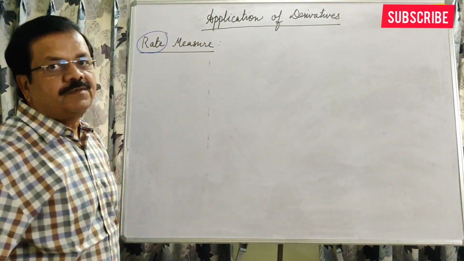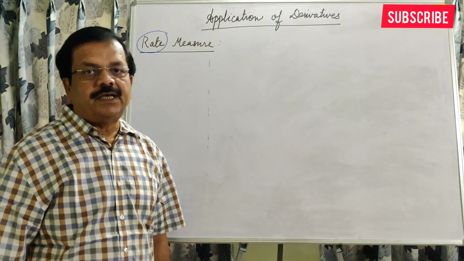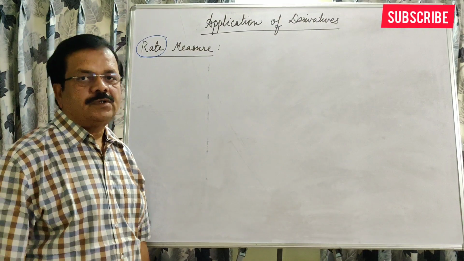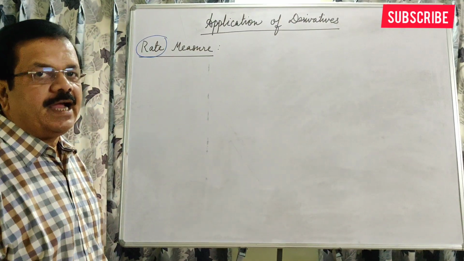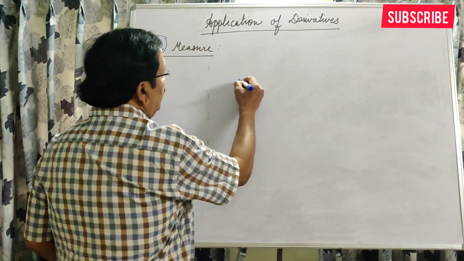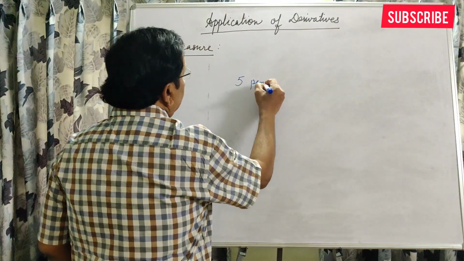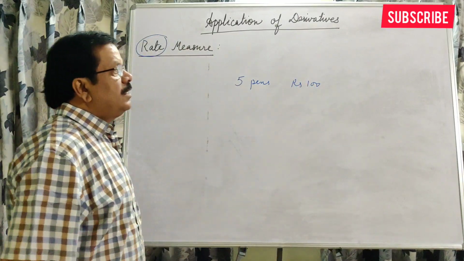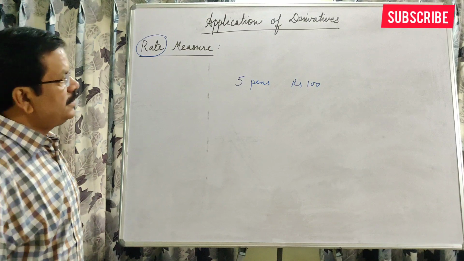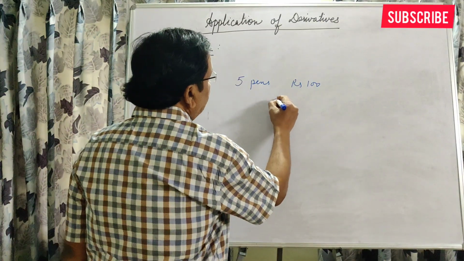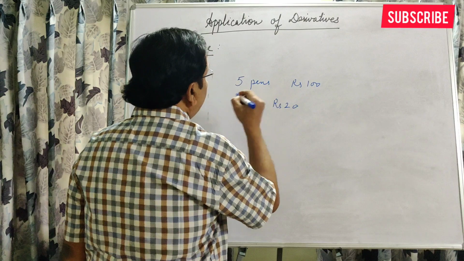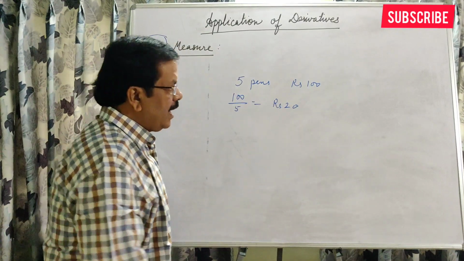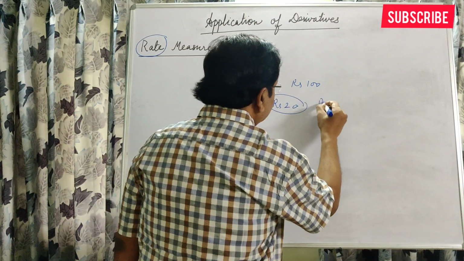Rate, this word we are using in our day-to-day life. Every day we are using this. Suppose you are purchasing 5 pens at the cost of rupees 100. It means the cost of each pen is rupees 20. 100 upon 5 is rupees 20, and this is what we call rate.